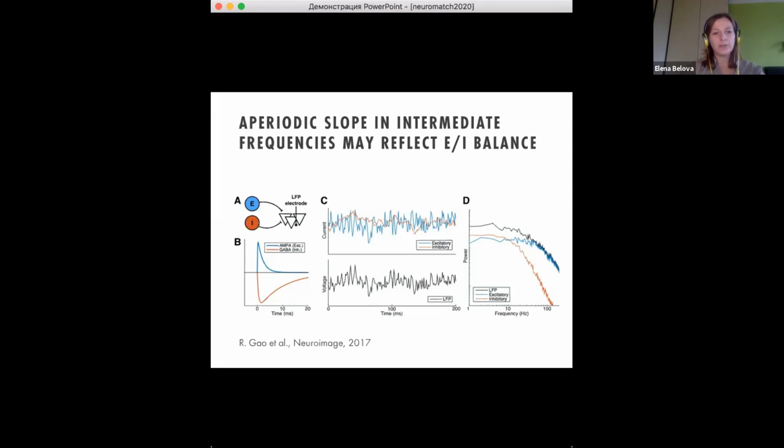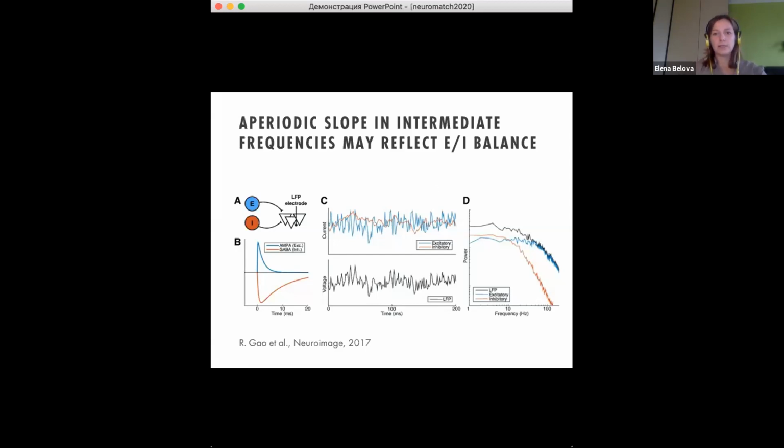They derived inhibitory input from the current from GABA A receptor that is much slower than AMPA receptor that was used to model excitatory inputs. So they state that the aperiodic slope of LFP in their model may reflect the balance between these inputs and change with excitation and inhibition currents.